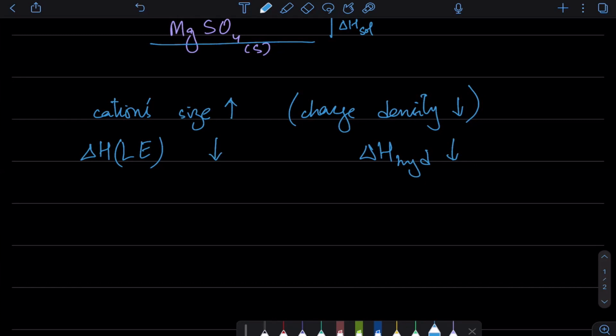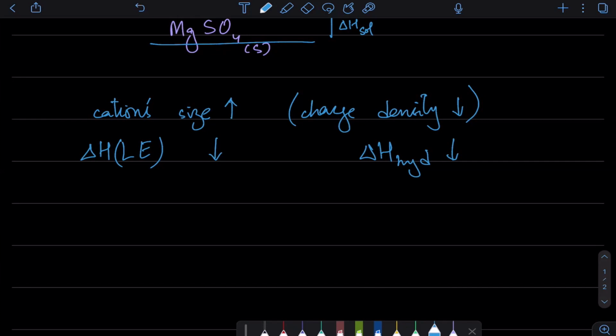Okay. So here's what we can write. Both of these decrease because the cation size increases, both the energies decrease, but the hydration enthalpy decreases more. And so that makes it more endothermic. And so the solubility of sulfates decreases down the group.